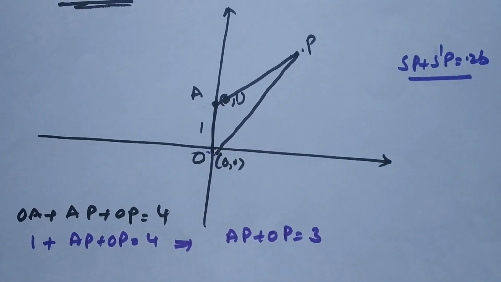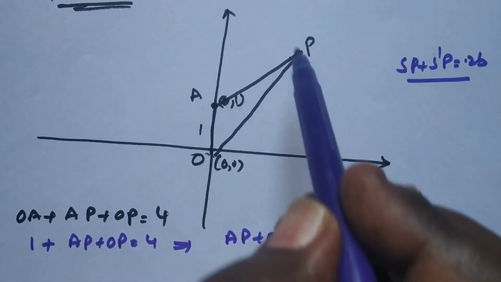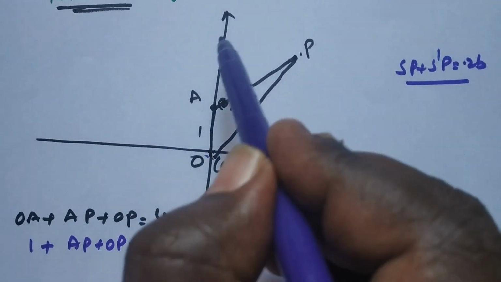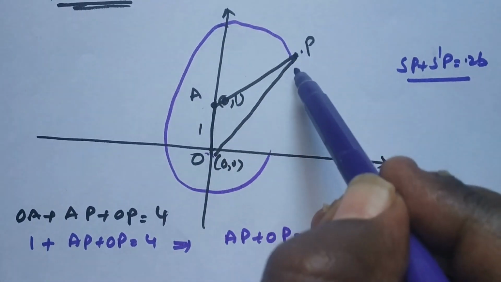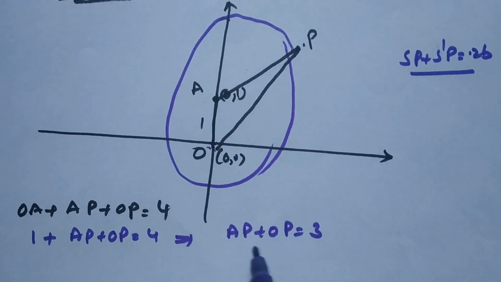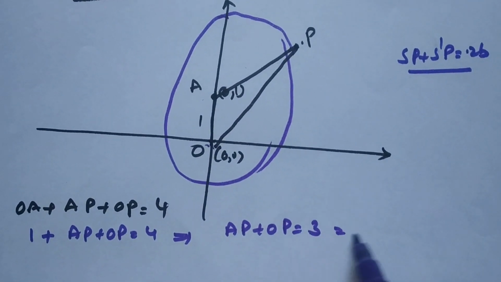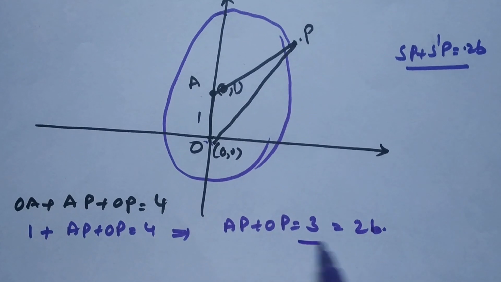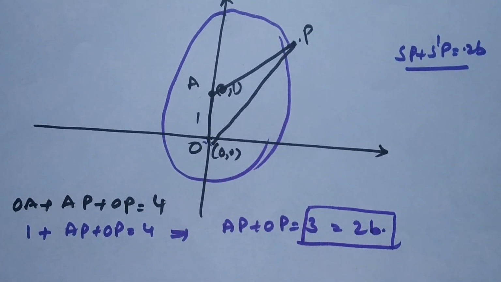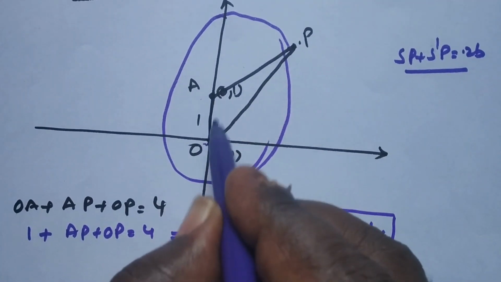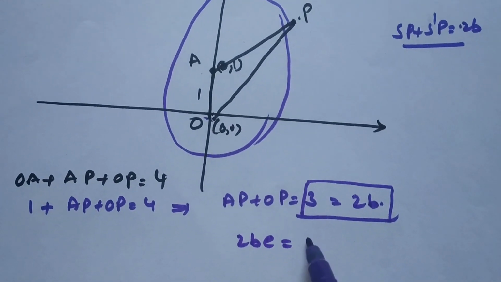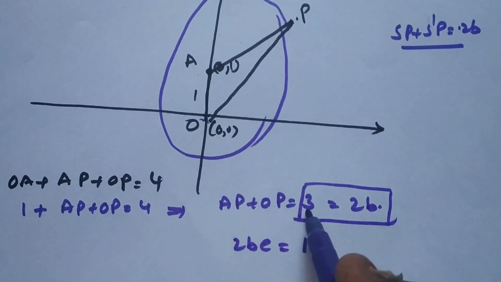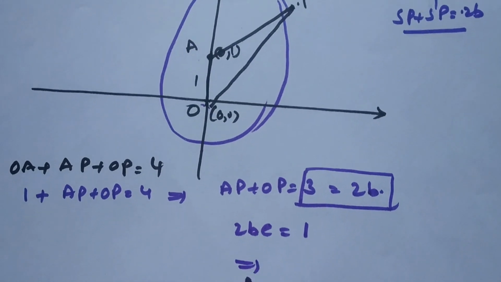It is 2a actually, but our ellipse has its major axis along the y-axis, so this is taken as 2b. 2b is equal to 3. And this is the distance between the two foci, that is taken as 2be, equal to 1.